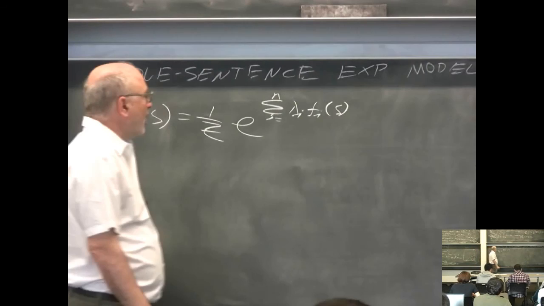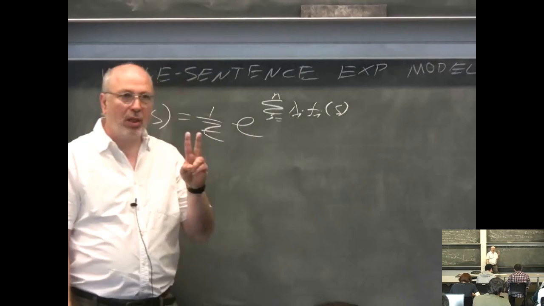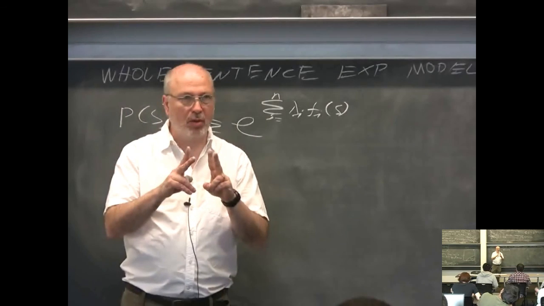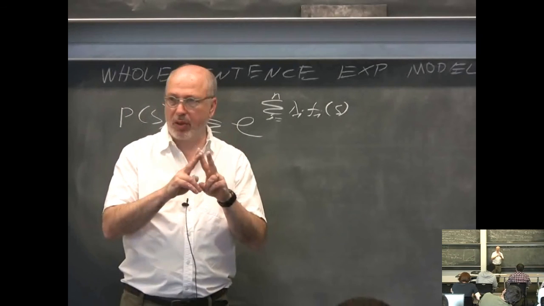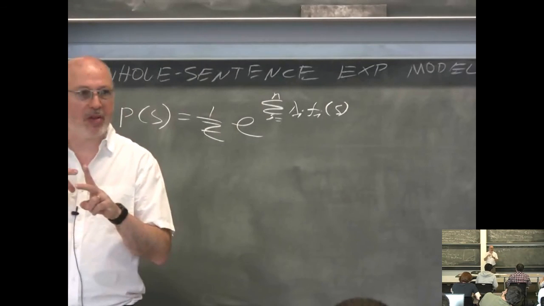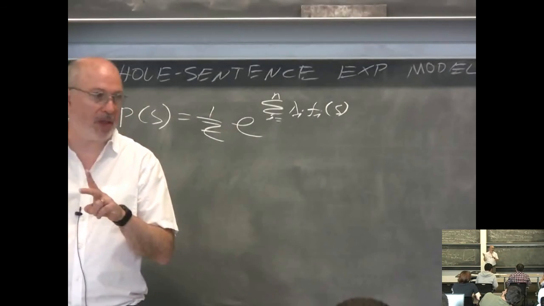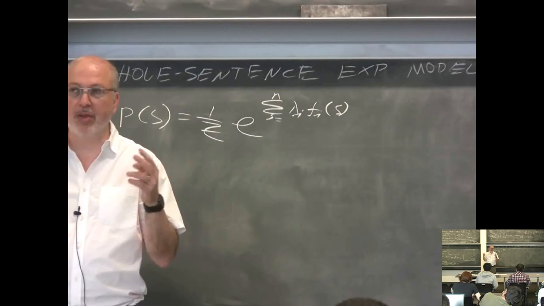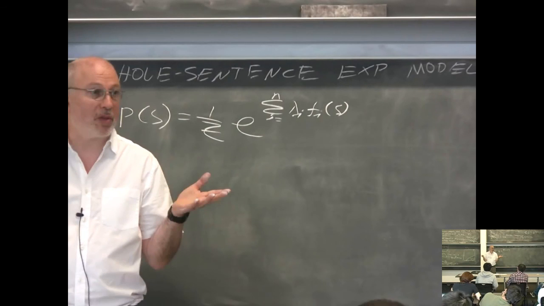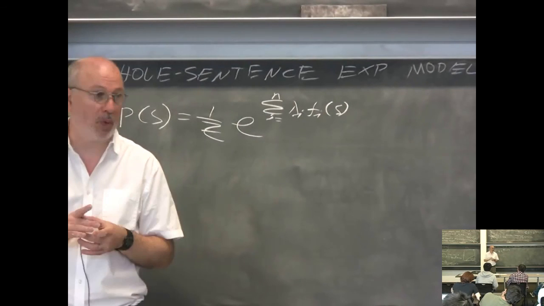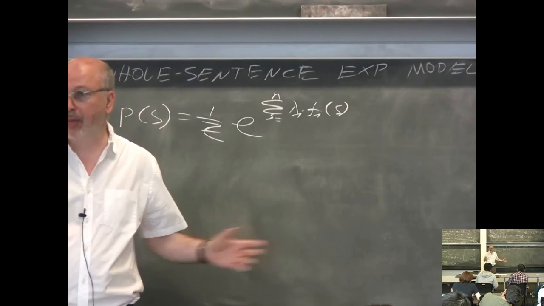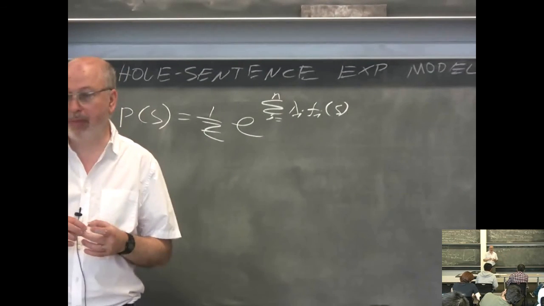What does it mean? It means that if you have two sentences that happen to produce the same values for the same feature, so two sentences that for any i, f i of the first sentence is the same as f i of the second sentence. In other words, the sentences appear to be the same to all the features. No feature distinguishes between them. If that's the case, the two sentences will get the same probability. Right? Because there's nothing else.